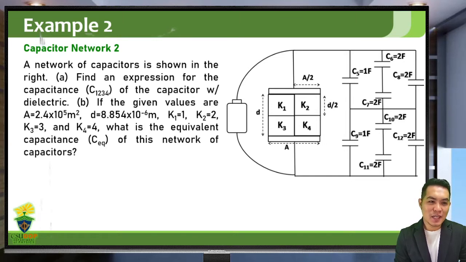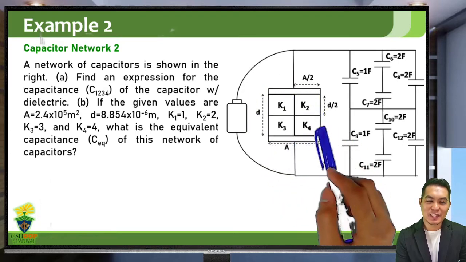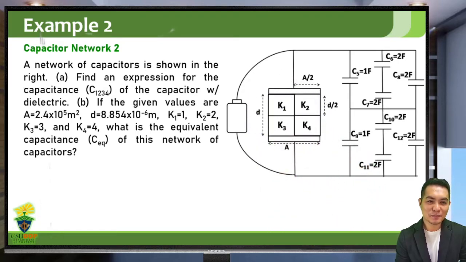Okay, so you have a network of capacitors here. You actually have 12 capacitors, where 4 of those are in just one capacitor here. So find the expression for the capacitance of the capacitor with the dielectric in this one.